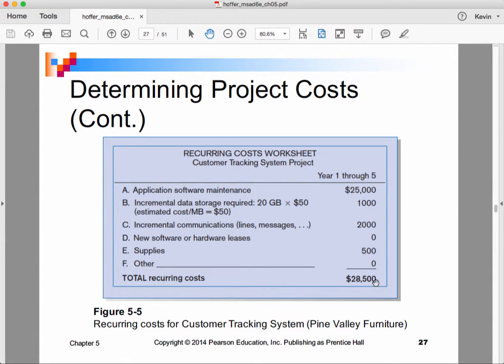Now, it's a little bit ambiguous what the column of numbers is here with the heading year 1 through 5. Is that $25,000 in each year, or is that $5,000 a year for a total of $25,000? I'm just going to guess and say this $28,500 could easily be per year. Okay.